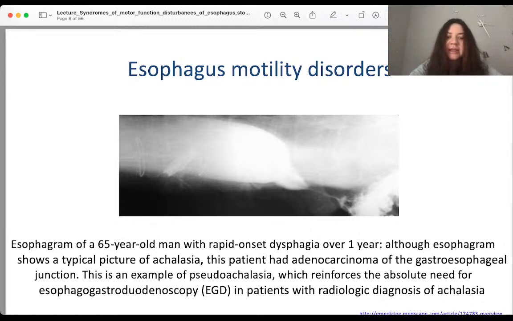This patient has adenocarcinoma of the gastroesophageal junction. This is an example of pseudoachalasia, which reinforces the absolute need for esophagogastroduodenoscopy in patients with a radiologic diagnosis of achalasia.